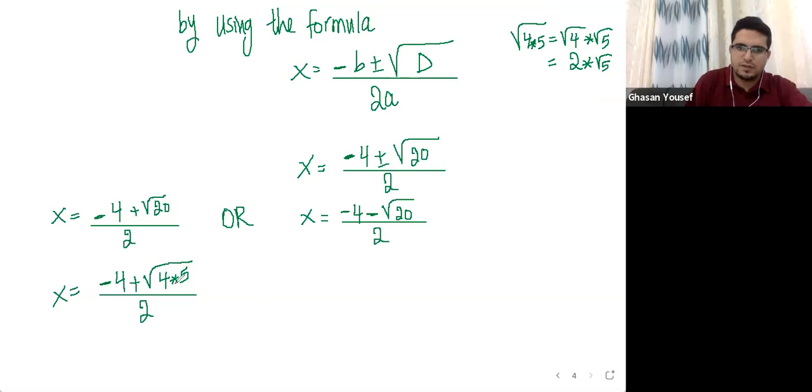So now I get minus 4 plus 2 square root of 5 over 2, and I can simplify it by dividing both sides by 2. So by dividing this by 2, I get minus 2, and also by 2 I get 1.